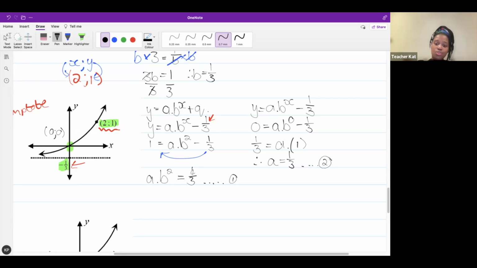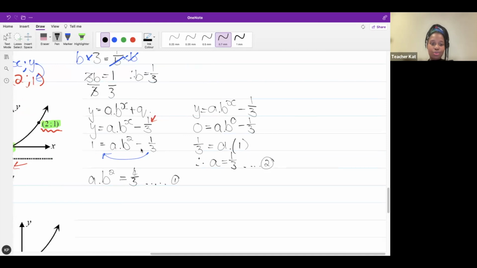Now, what am I going to do with equation 2? Substitute 2 into 1. I hope it makes sense now why we needed 3 points. So I'm going to say, right, sub 2 into 1.